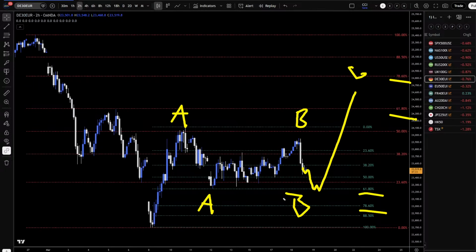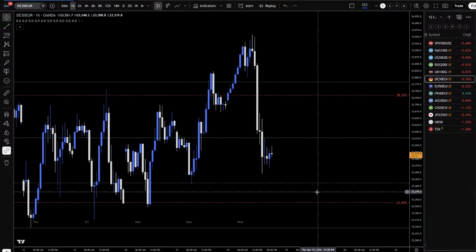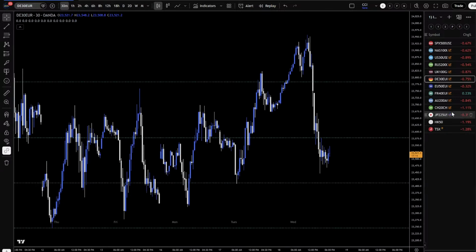Okay, so yeah, let's check out the NASDAQ. Let's go to 1 hour real quick just to see if there's any structure. There really isn't, is there? You kind of got to go down to the 30-minute. Probably a pretty good chance that we're going to see another move down at some point. I think it's good. Yeah, I would definitely still be looking for shorts probably.